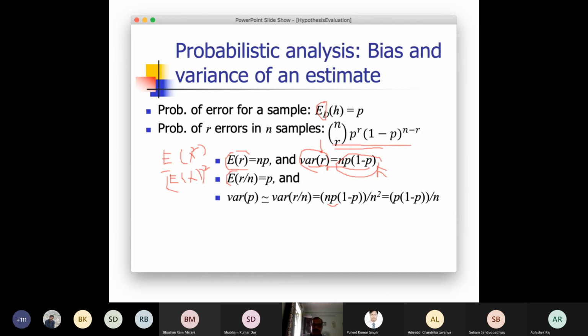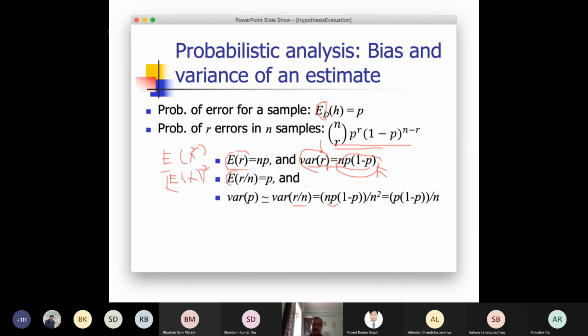Now once again there is a mathematical relationship: if you consider the variance of a particular random variable and the variable is scaled by a factor, say k, the variance would be effectively scaled by its square.